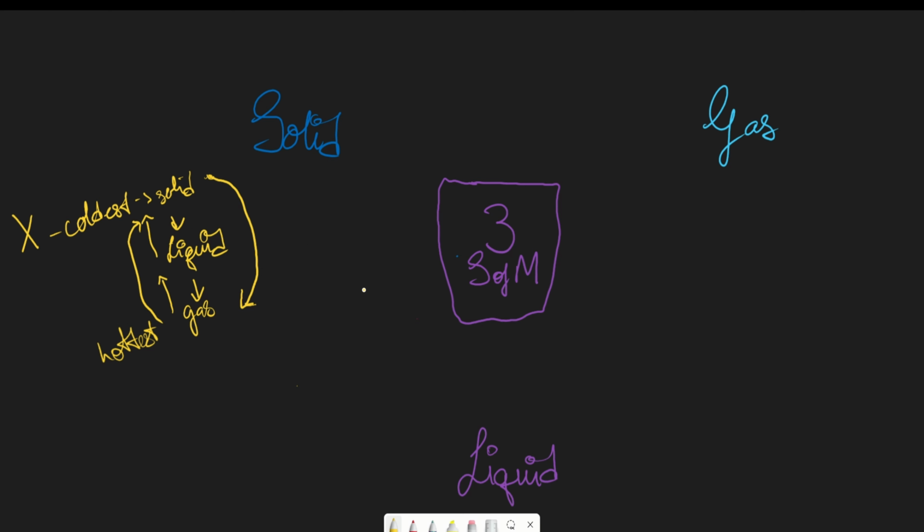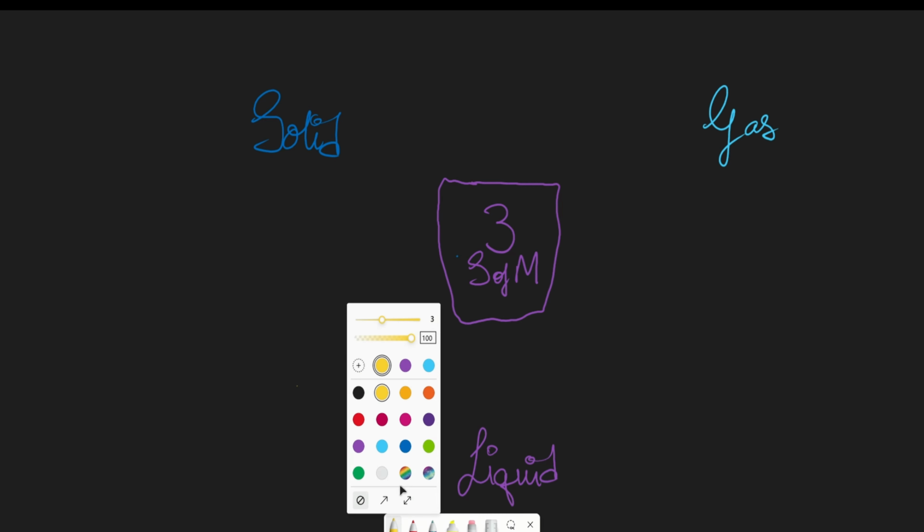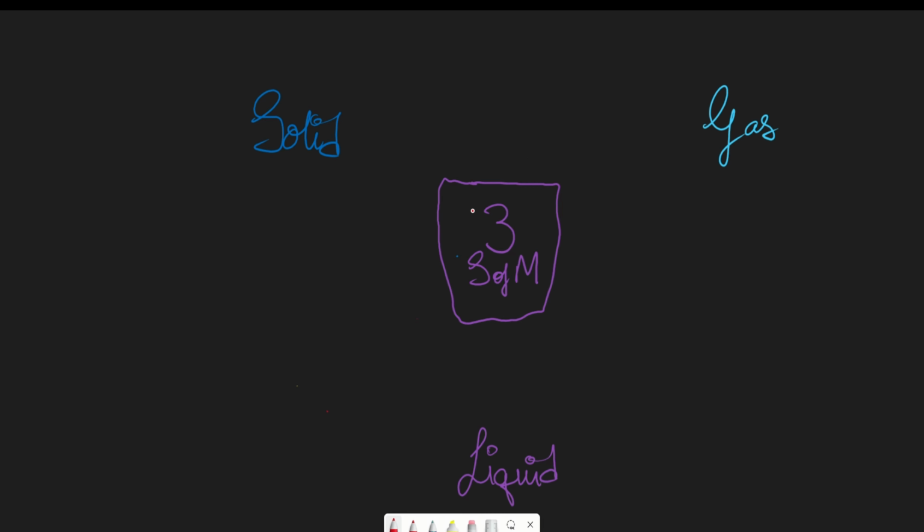So let's look at the conversions between the three states of matter. We're going to put processes that require heating in red and processes that require cooling in purple or blue. So as a substance, let's go in linear order from solid to liquid. As a substance heats from a solid to liquid, it's called melting.